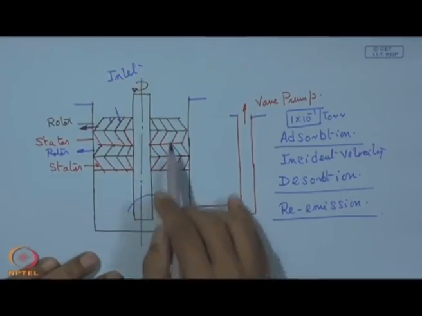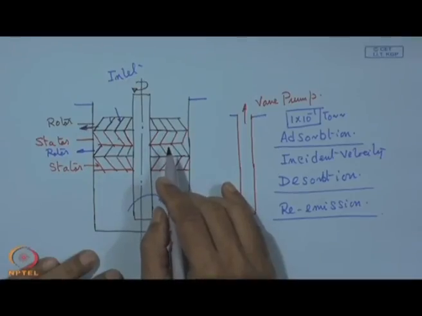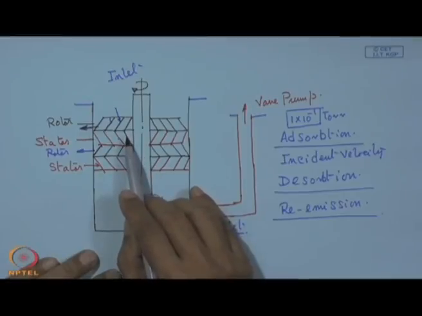And in this case, this angle is one of the parameters of the design that should be taken into consideration, and this way a high vacuum can be created.